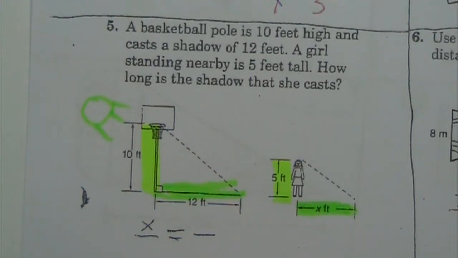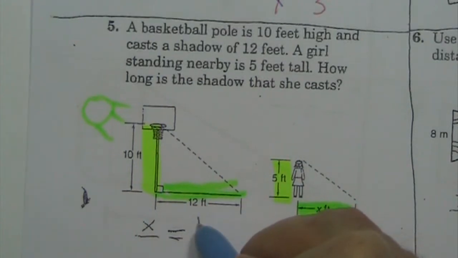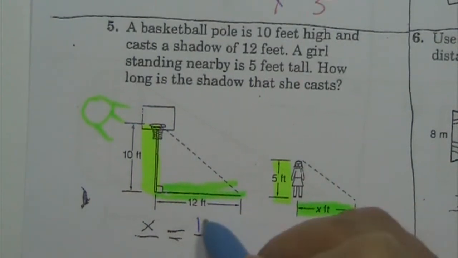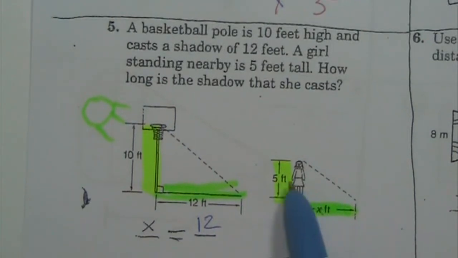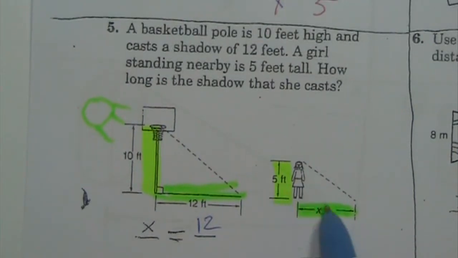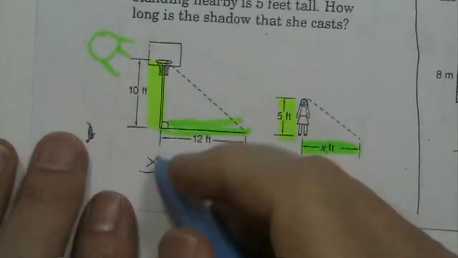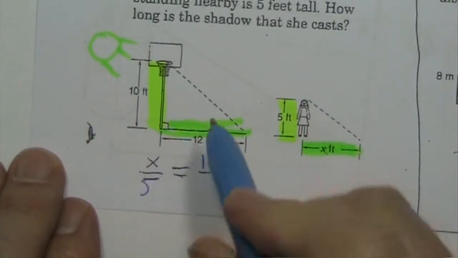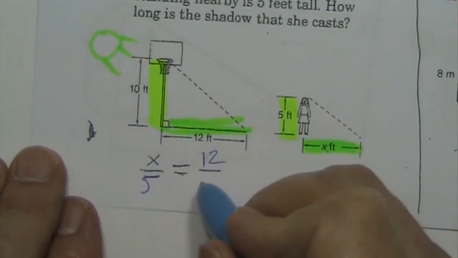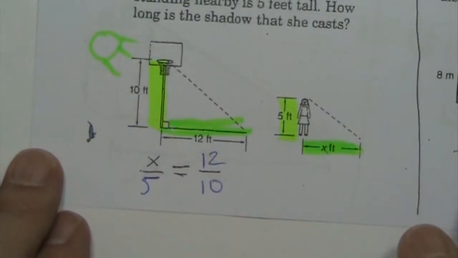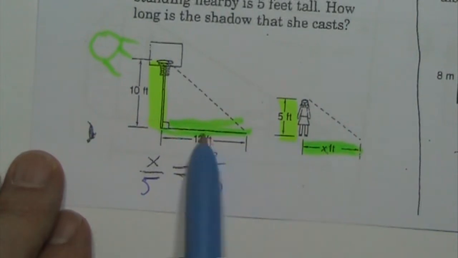Okay, so this and this match up, right? The x and the 12. So x over 5 for this triangle. This is a fraction, x over 5. So x over 5 is equal to 12 over 10. Okay, because they are proportional.